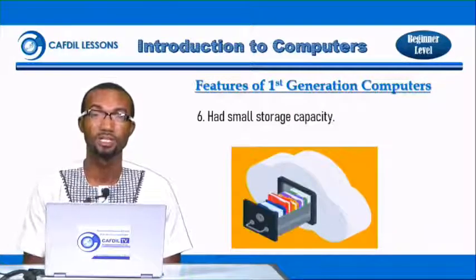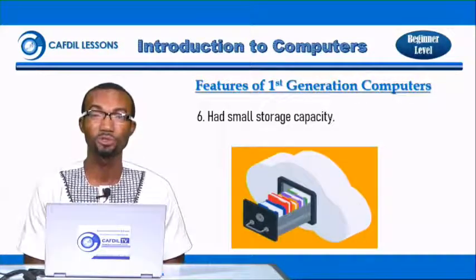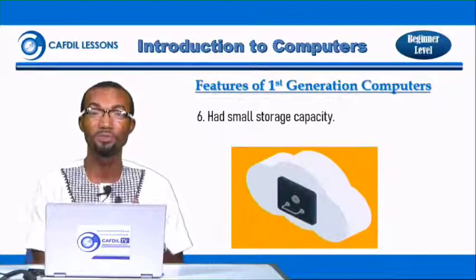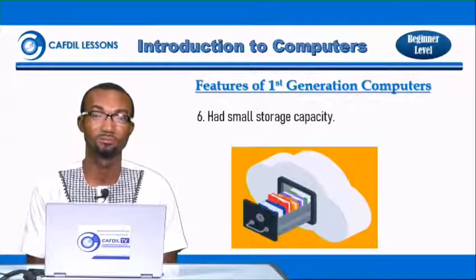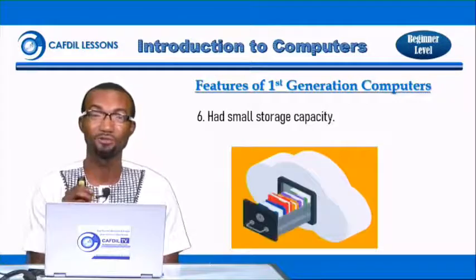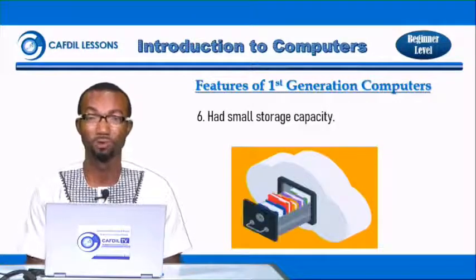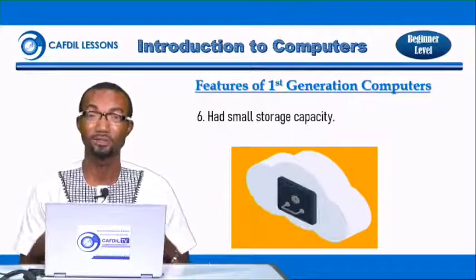Six, they had small storage capacity. We said computers store data for immediate or later use. And during the first generation, the storage capacity of the magnetic drum that you saw was very small. Today we have large storage capacities.